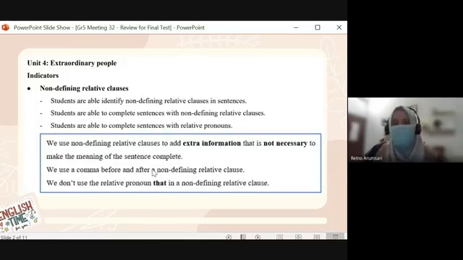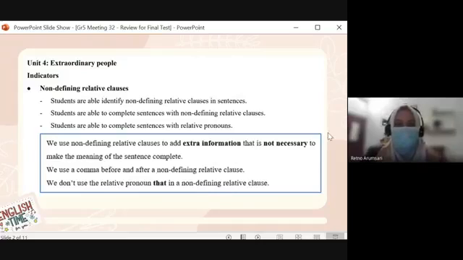We only use who, which, where, and whose. Only four. Who is for a person, which is for things or animals, where is for places, and whose is for possessions. Only those four.